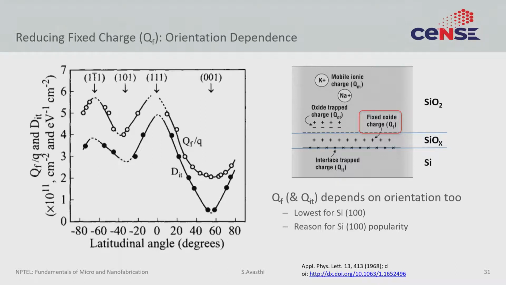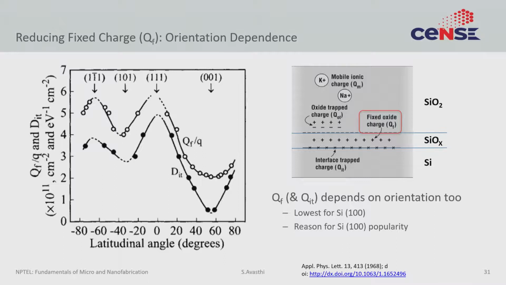This fixed oxide charge also has an orientation dependence. The 100 surface, 111 surface and 110 surface do not all give you the same value. In general, the 100 surface tends to give you the lowest defect densities, and this is actually one of the reasons why silicon 100 wafers gained in popularity when CMOS came along.